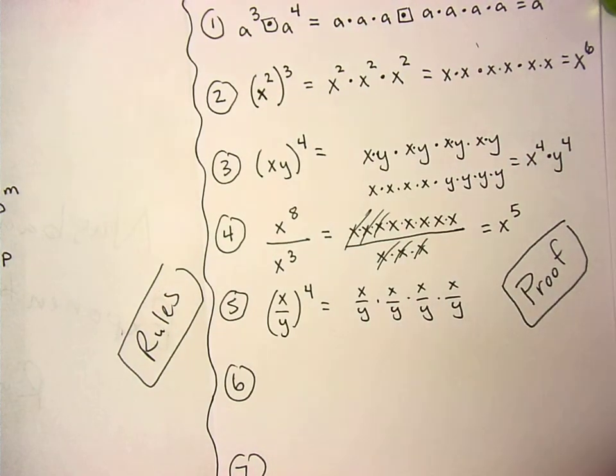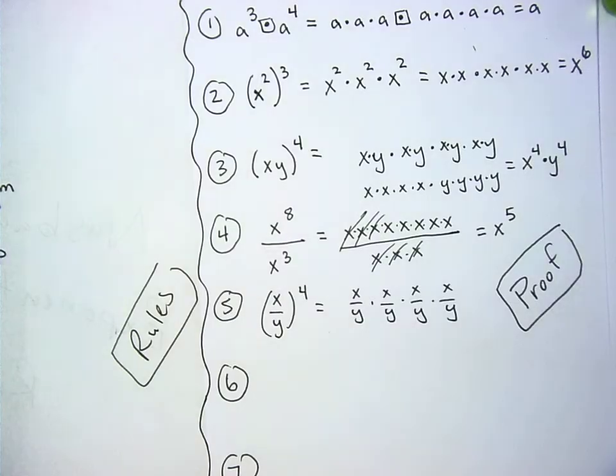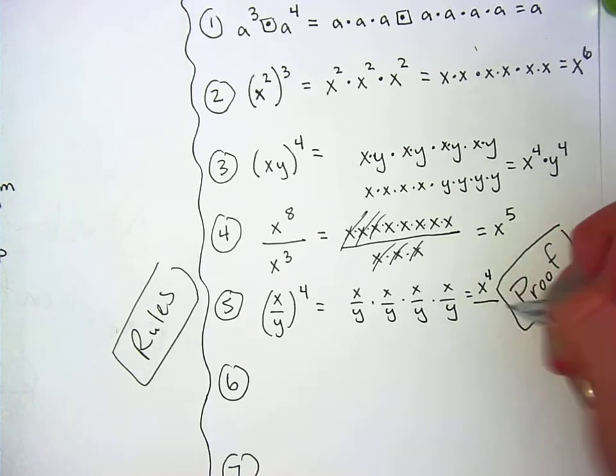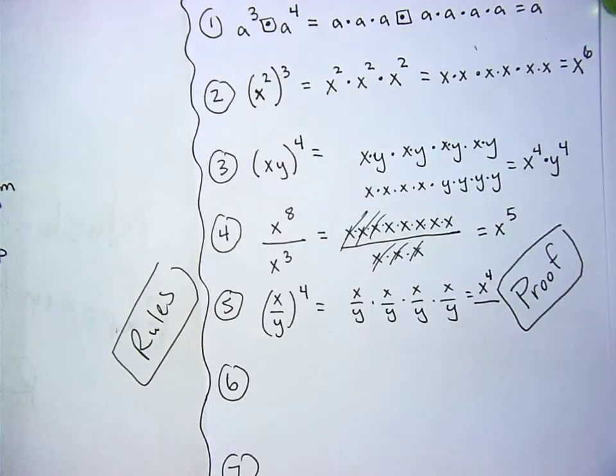What do you do when you're multiplying a whole bunch of fractions together? Riley. Just multiply across. So what's x times x times x times x? X to the 4th. Remember, guys, I've heard this a lot, and I don't know if you're just saying it wrong or if you're also writing it wrong, but you can't say 4x. That's not the same thing as x to the 4th. 4x is 4 times x. X to the 4th is x times x times x times x.